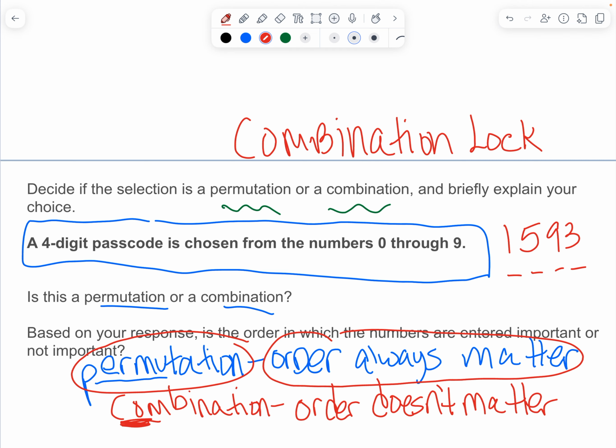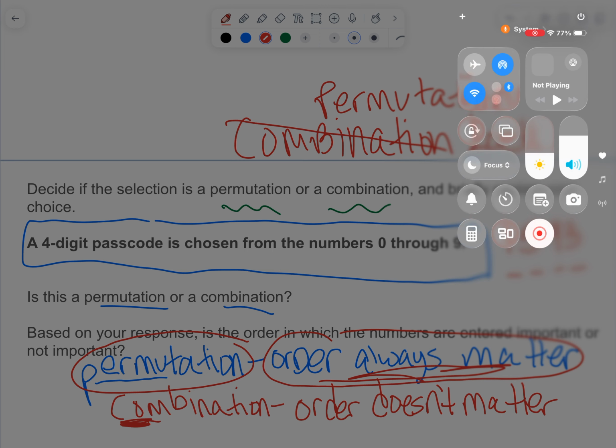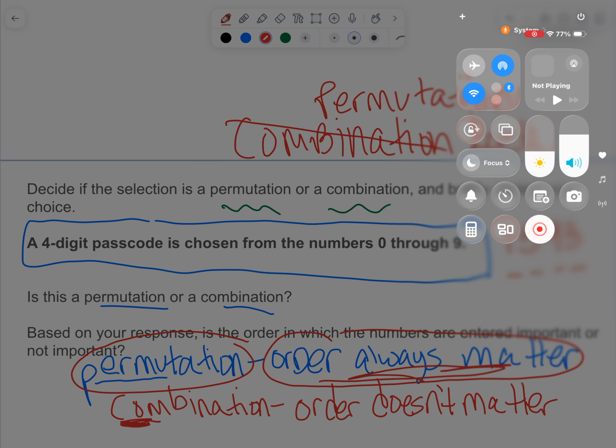When you put your code in for your combination lock, the order always matters how you put your code in. So it shouldn't actually be called a combination lock. It should be called a permutation lock. So somebody screwed up when they were coming up with this word combination. All right, hope this helps as we enter permutations and combinations.